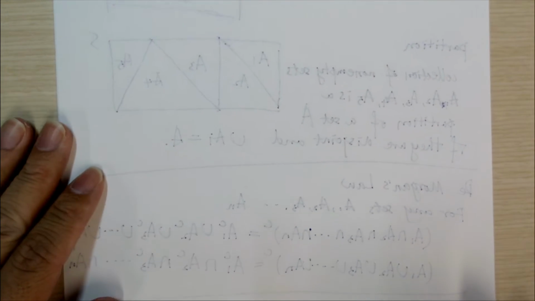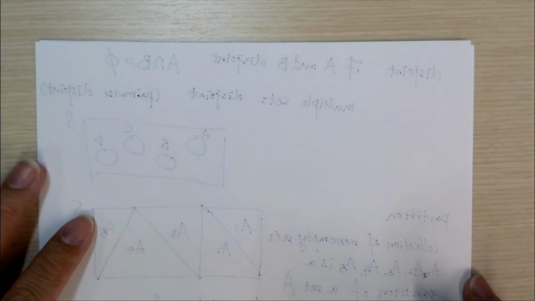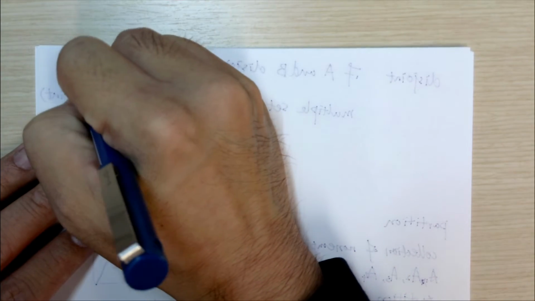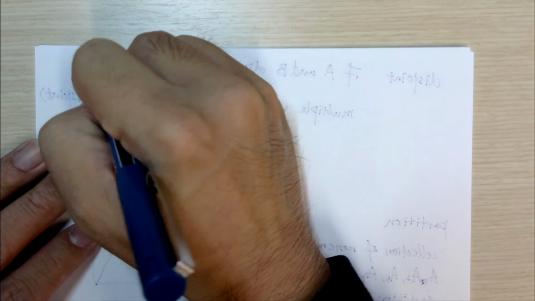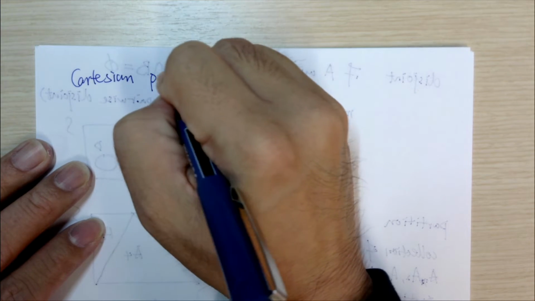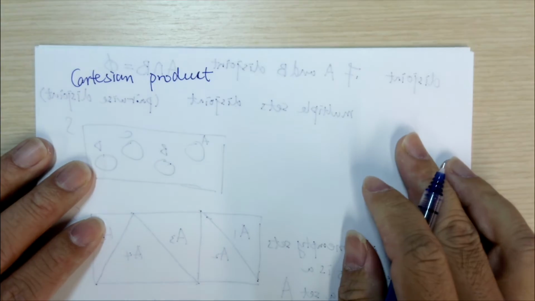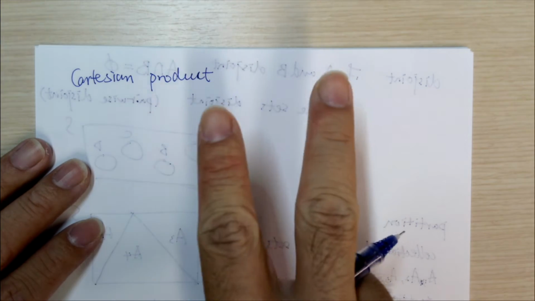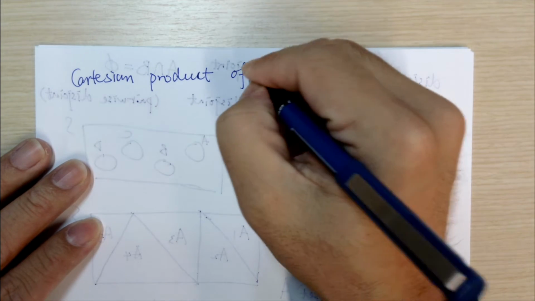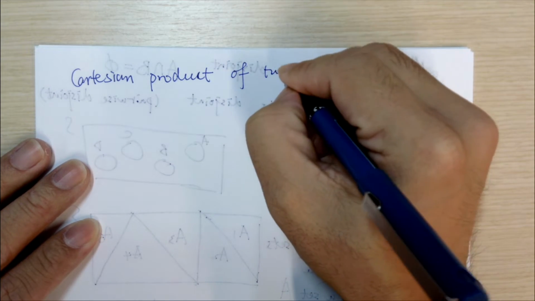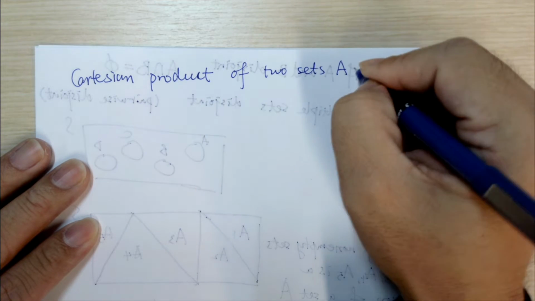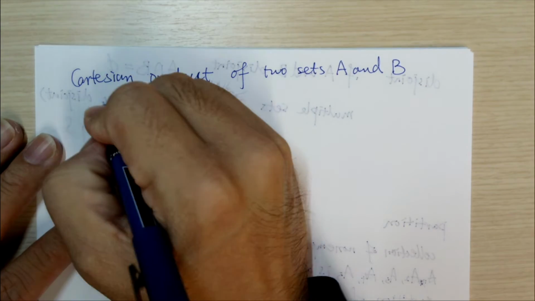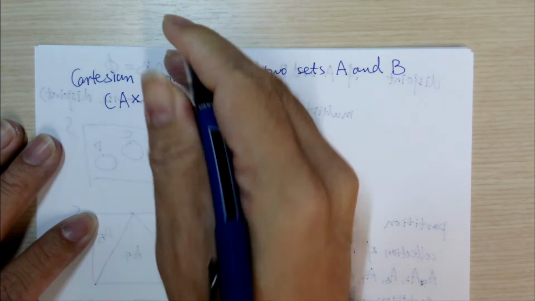And then next we can talk about what a Cartesian product is. A Cartesian product of two sets A and B. The notation here is kind of like doing a cross.